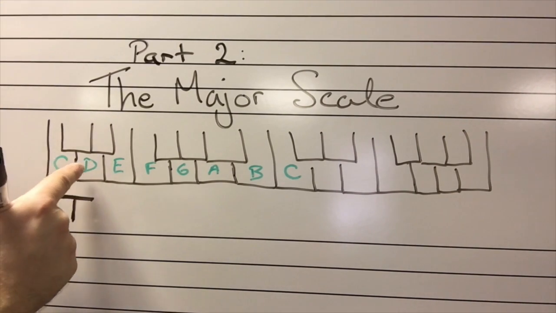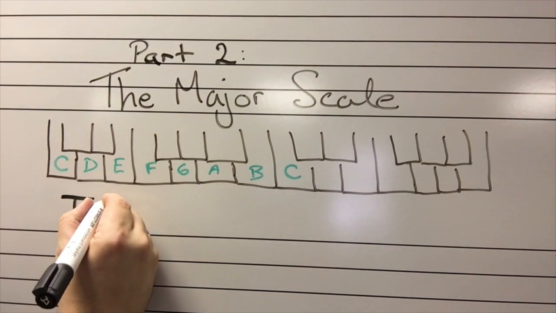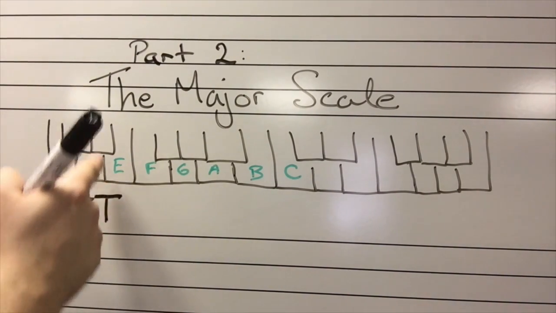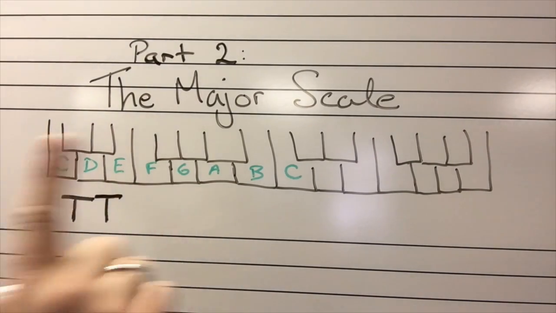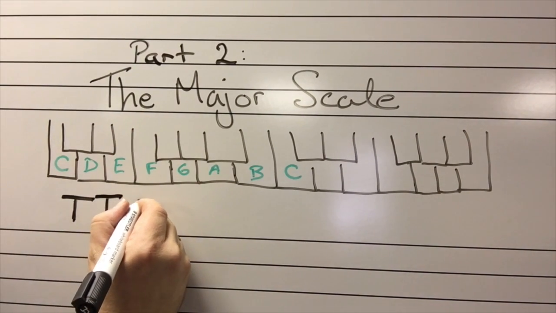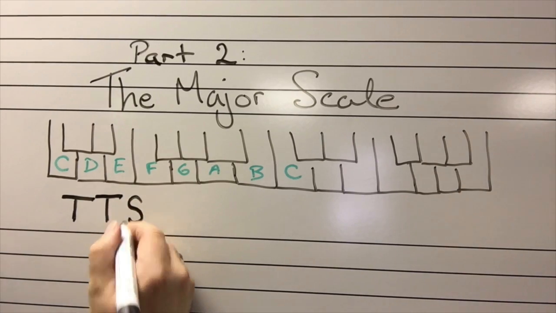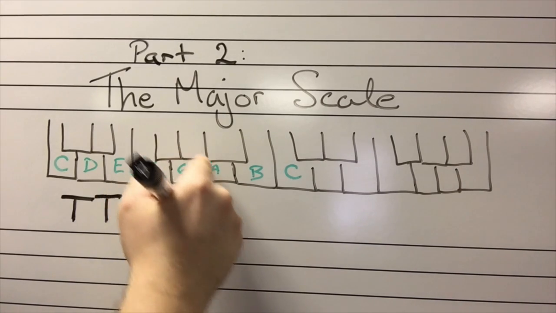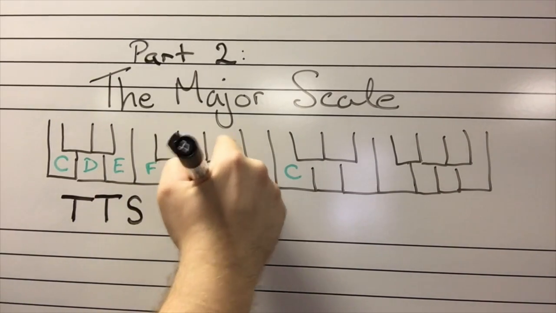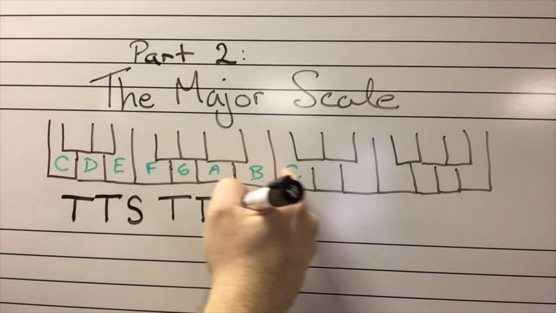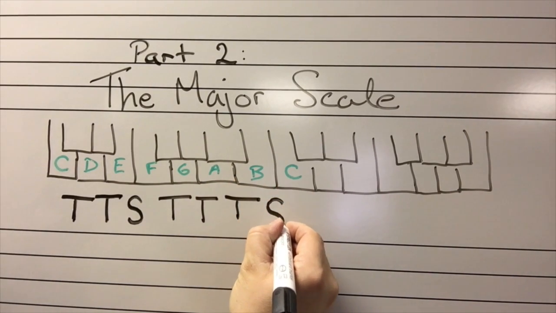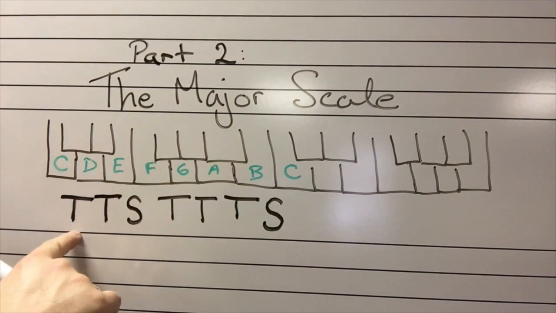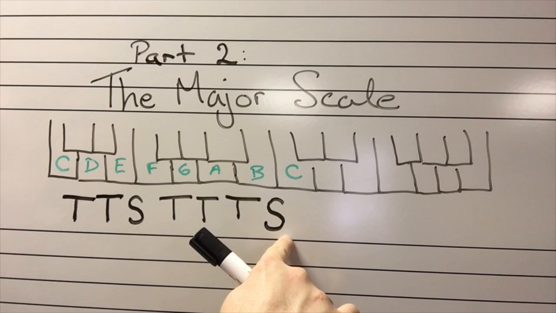D to E, 1 semitone, 2 semitones. There's another tone. E to F, you'll notice there's no note in between. So it's 1 step. We will call this a semitone. 2 steps, 2 steps, 2 steps, 1 step, this is the pattern that we use to create a major scale.